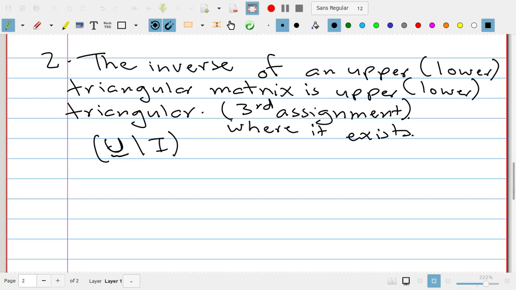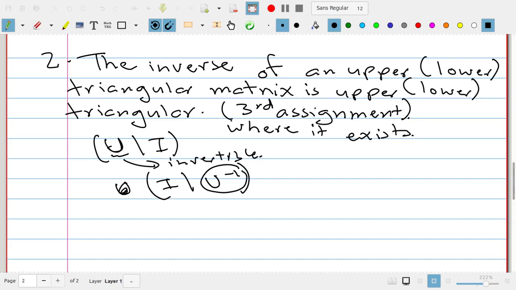So if U is invertible, then by the equivalent statements about matrices that we looked at, when you perform Gauss-Jordan elimination using elementary operations, U becomes the identity matrix, and I becomes U inverse. And you will notice that U inverse is upper triangular. That's one way to prove it.